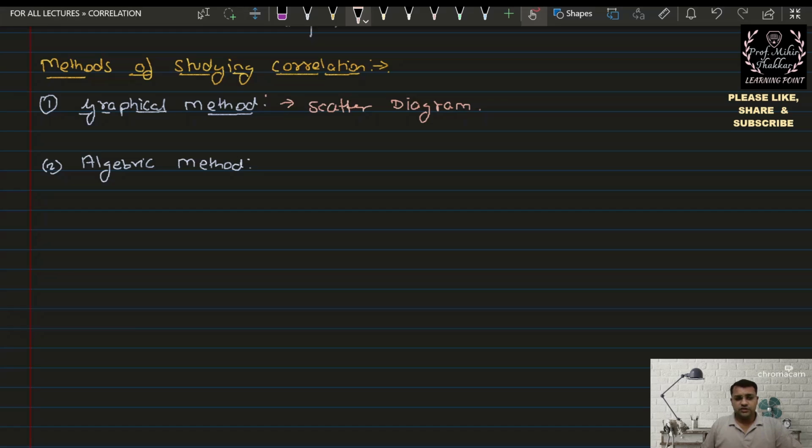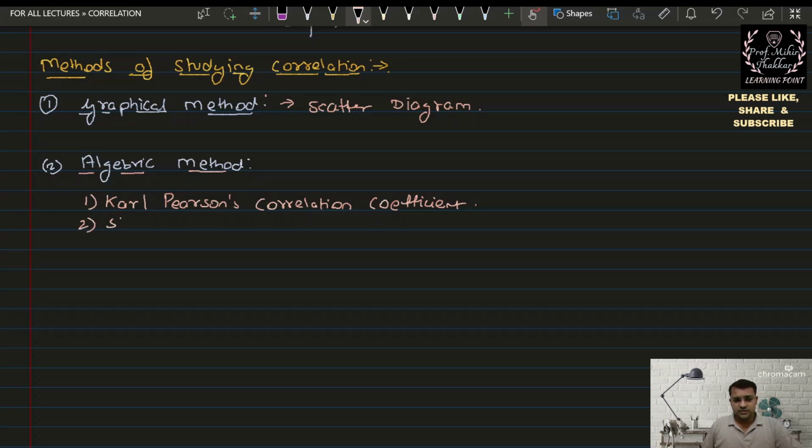whereas in case of algebraic method we have first method given by Karl Pearson called as Karl Pearson's correlation coefficient.